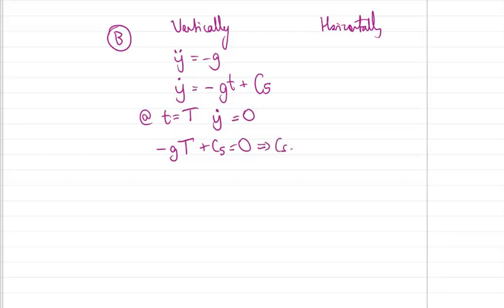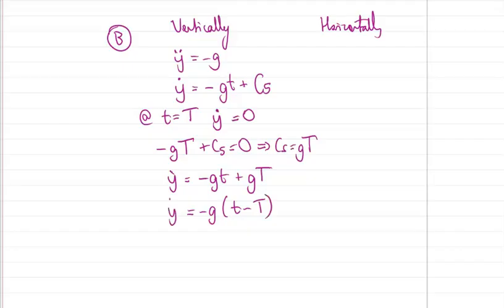That tells me that C5 is gT. So I've got an equation for y dot as minus gt plus gT, which is minus g outside of t minus T.